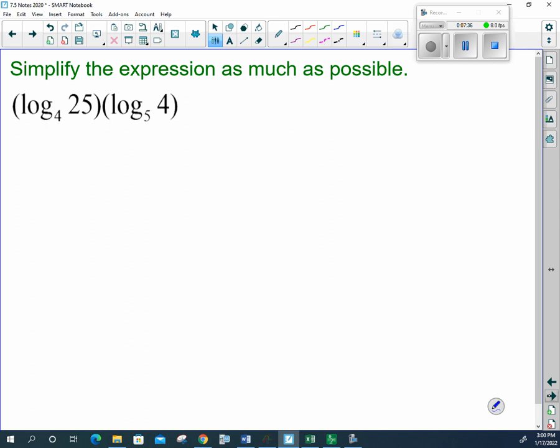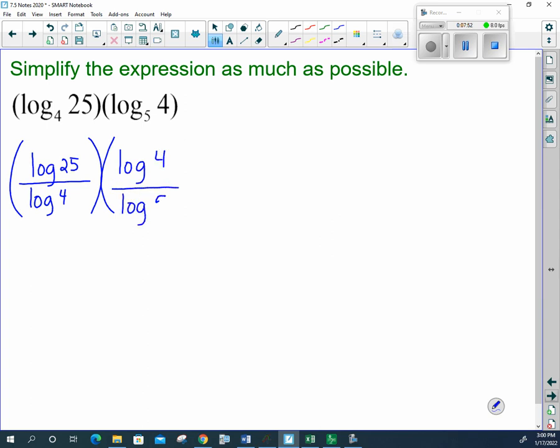So if we're going to do change of base, this is going to be the log of 25 divided by log 4, times log 4 over log 5. So right off the bat, I see that these two reduce. So that leaves me with log of 25 over log 5.